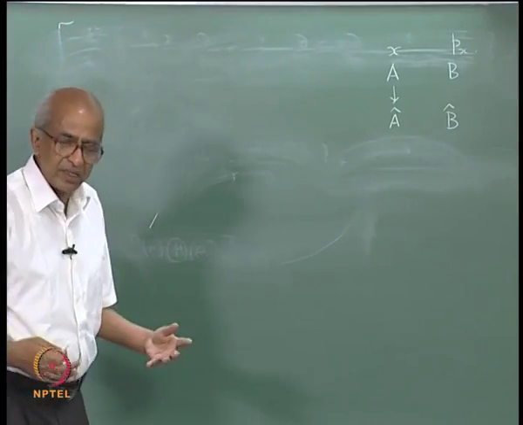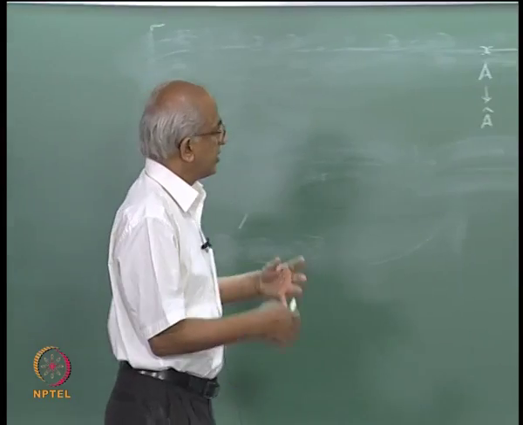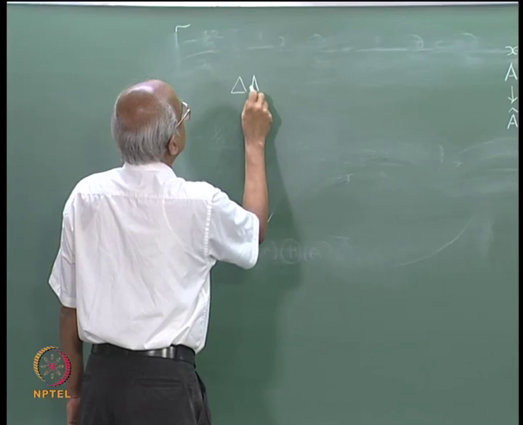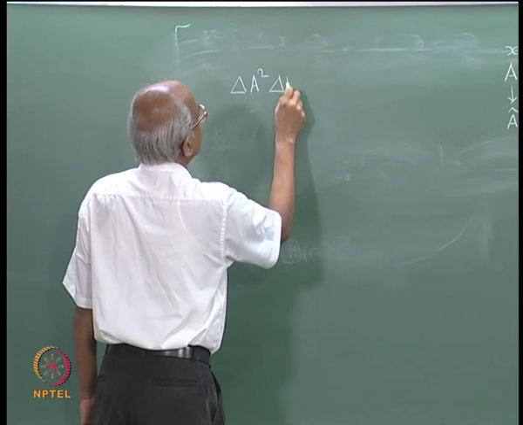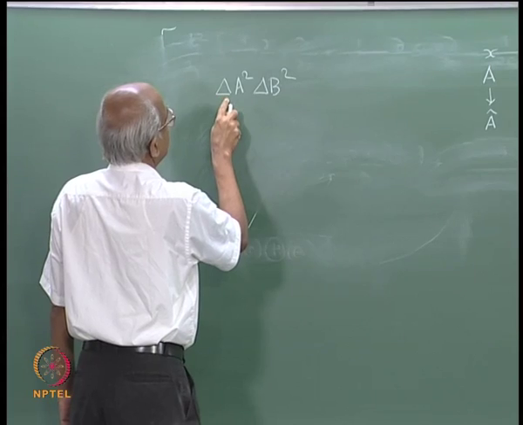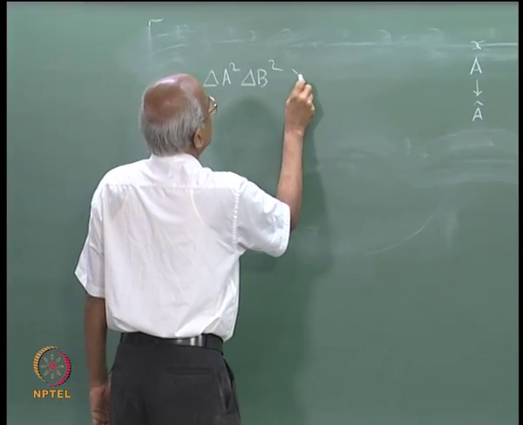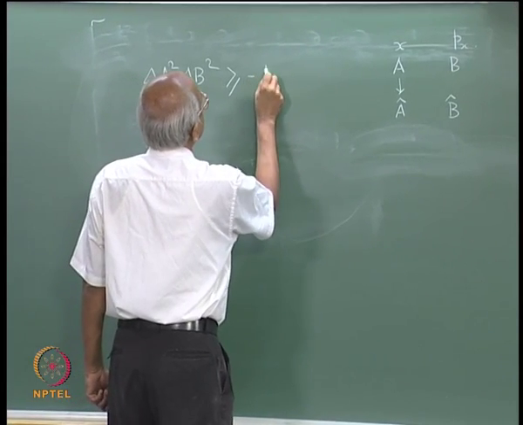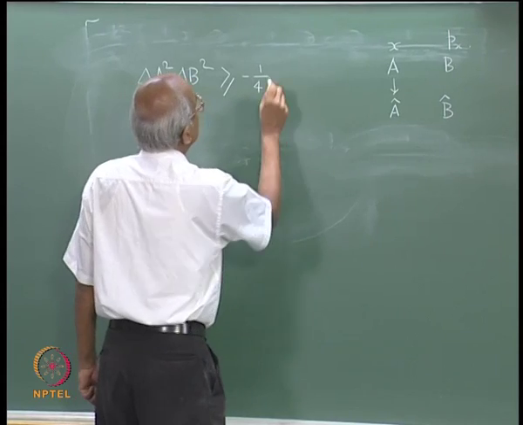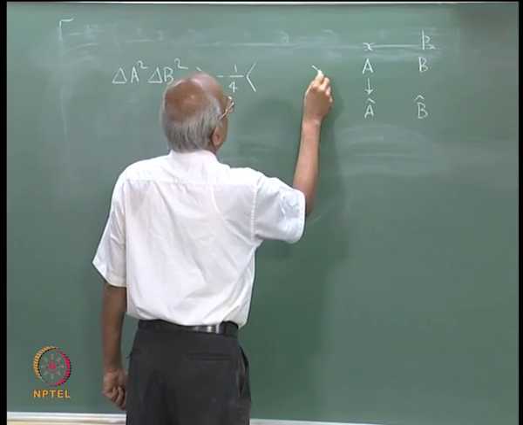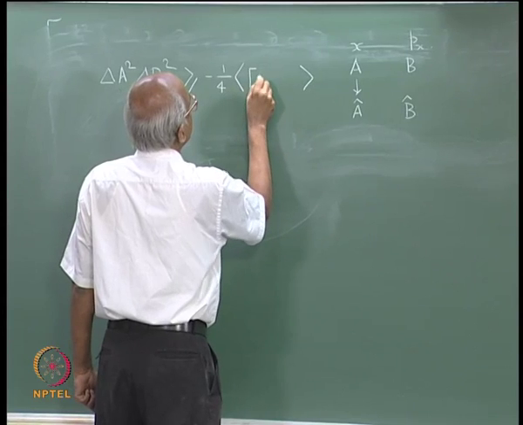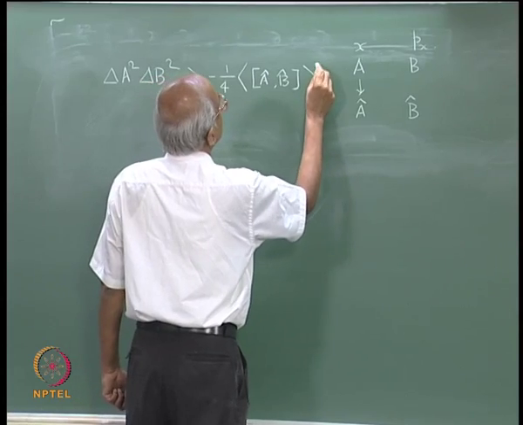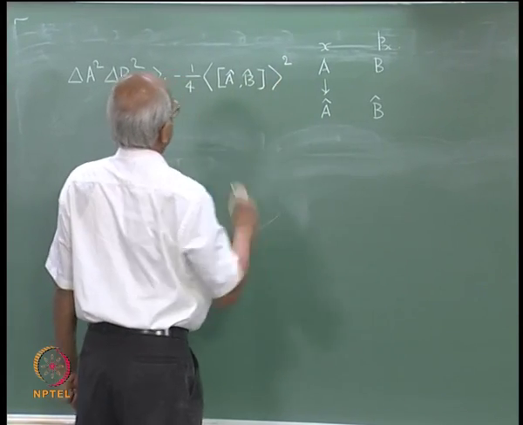And the generalized uncertainty principle, which we will prove, states that delta A square into delta B square, these are uncertainties in A and B, has to be greater than or equal to minus 1 by 4 expectation value of the commutator of A and B the whole square.